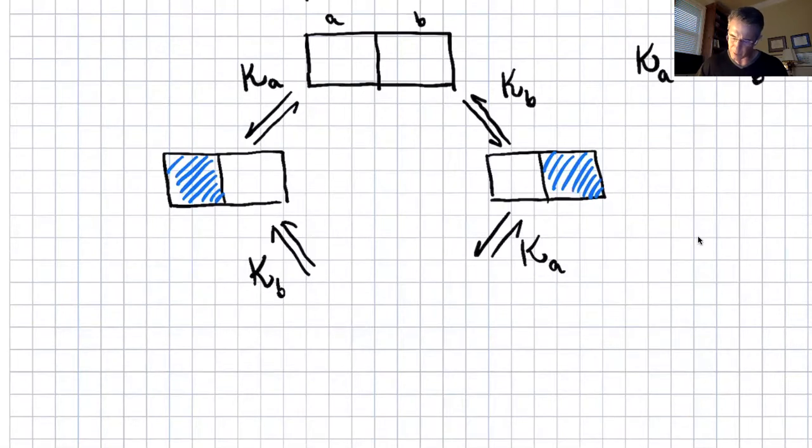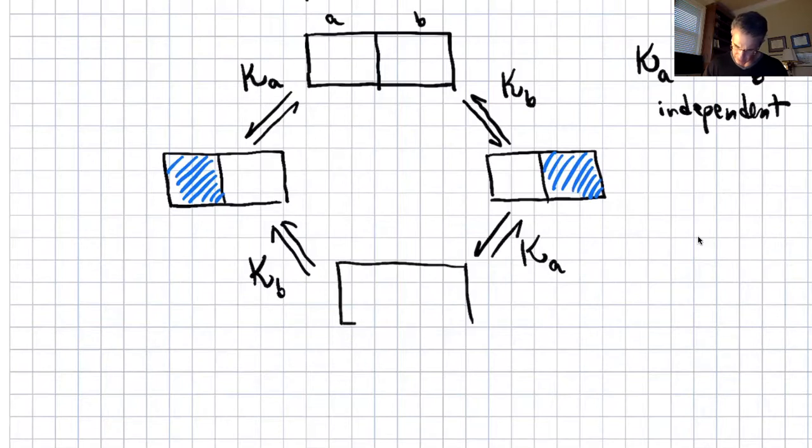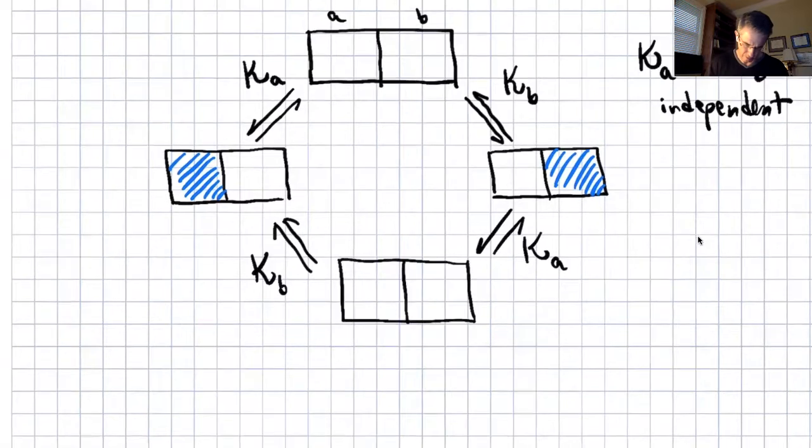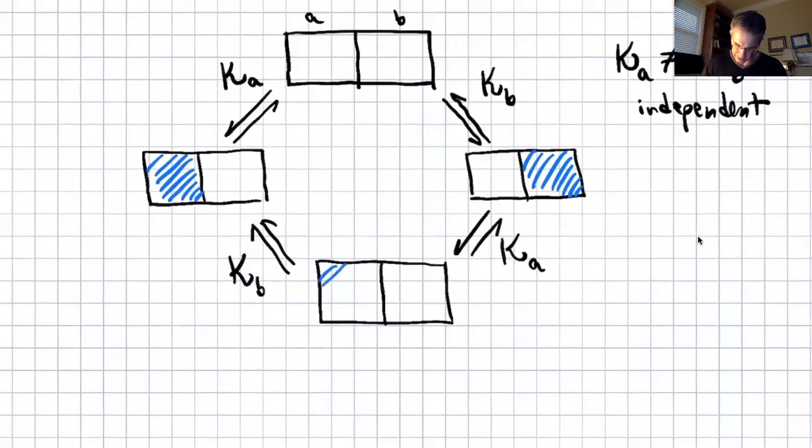But we're assuming that they're independent, there's no interaction between them. So that would give us our overall molecule here, now fully liganded, with both binding sites occupied.